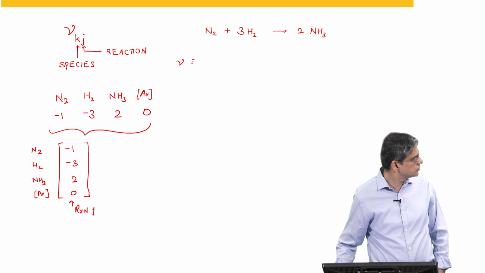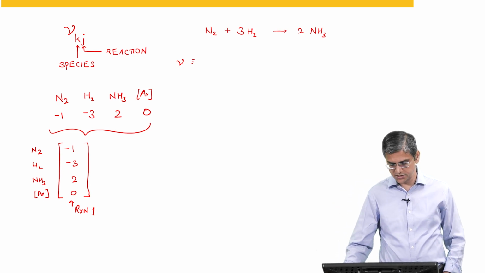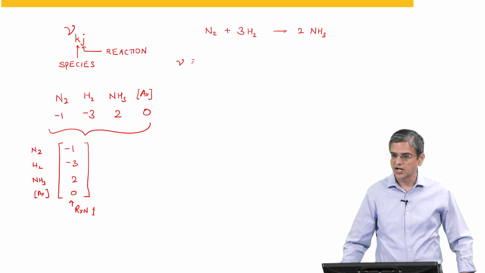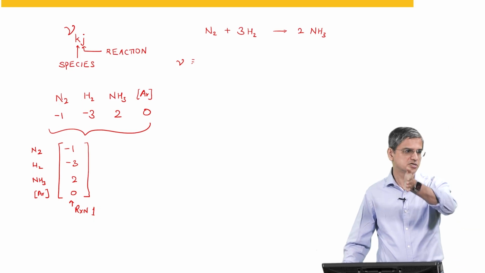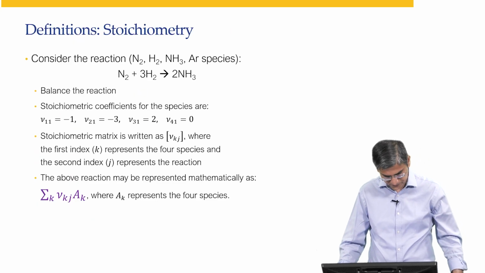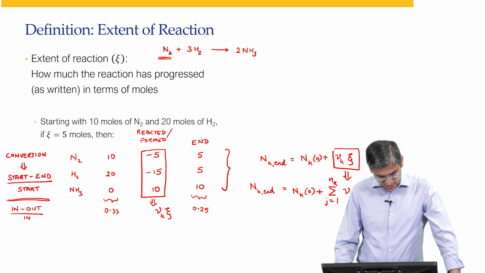Those will be the overall species, and this forms the stoichiometric matrix. If there are multiple reactions, for each reaction an additional column comes into this matrix. Yeah, and this is what I talked about.